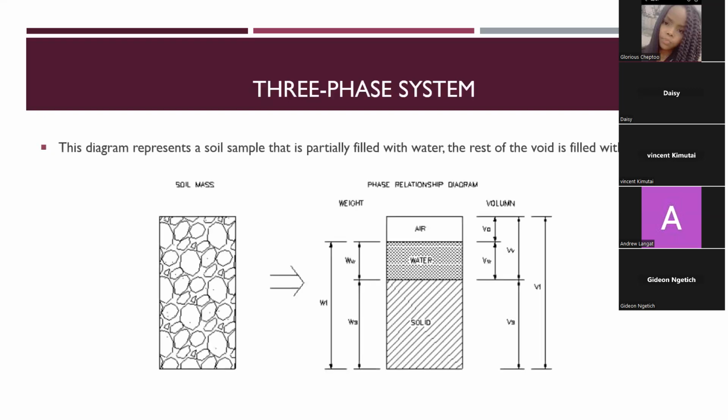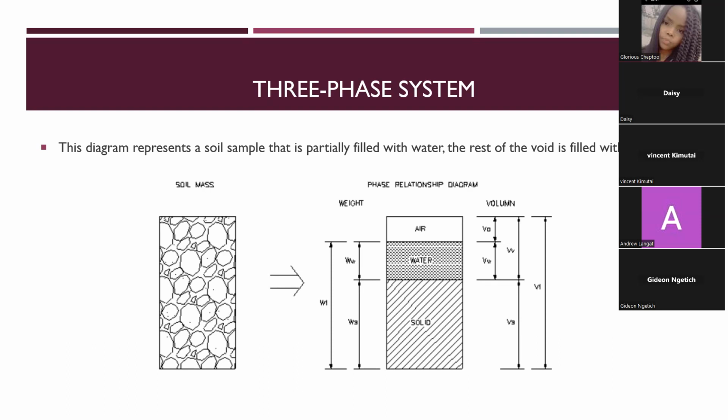So the diagram below represents the three-phase system where you can see the soil mass, and it has been rearranged so that the voids can either be filled with water or air. The weight of solid is represented by Ws, the weight of water, Ww, and the weight of air is negligible. You cannot measure the weight of air.